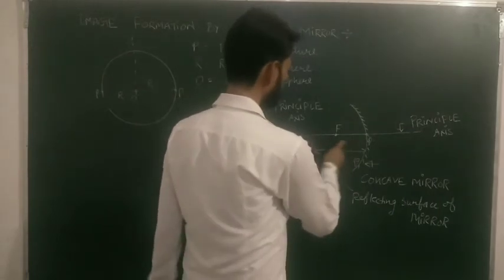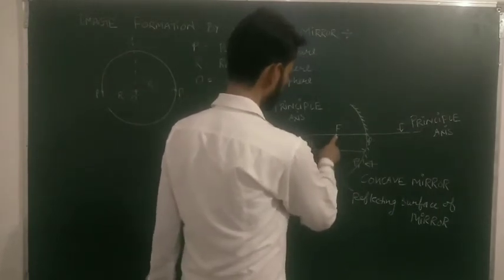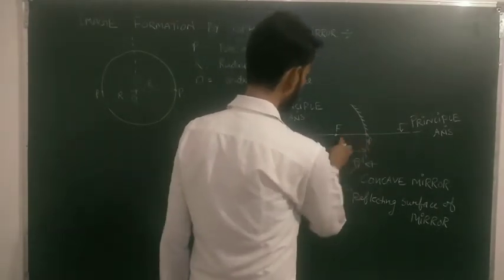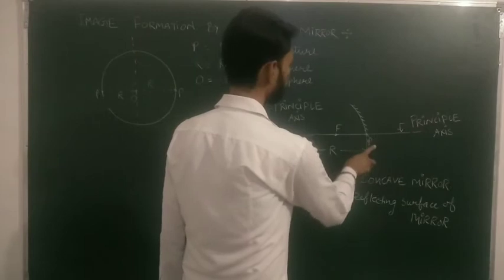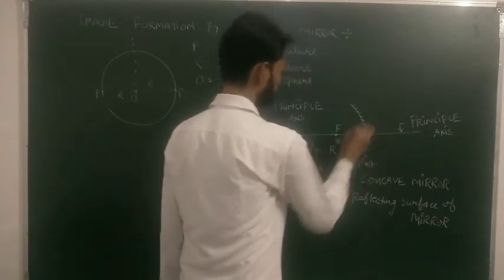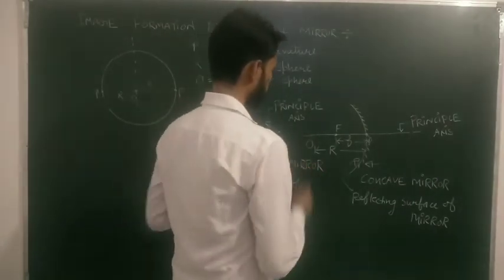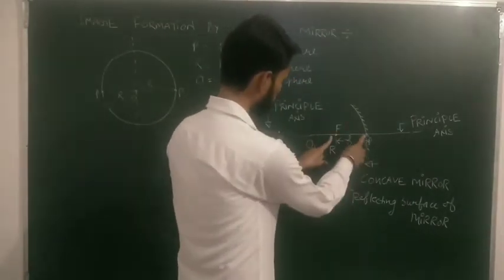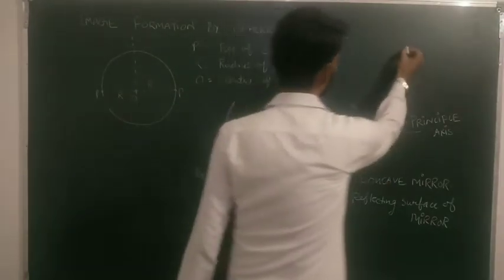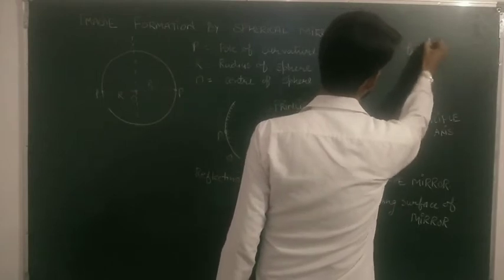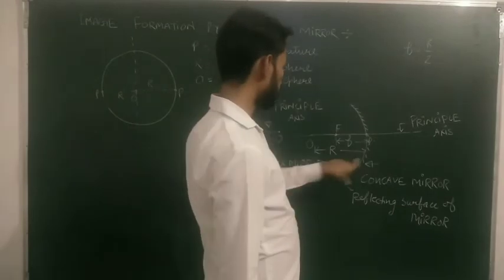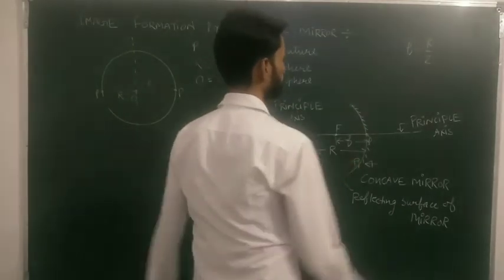So what is the relation between focus and radius? The distance between P and F, between the pole and the focus point, is called the focal length. Here we see the focal length is half of the radius. What is the relation between radius and focal length of a spherical mirror?